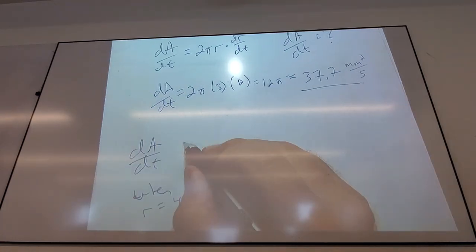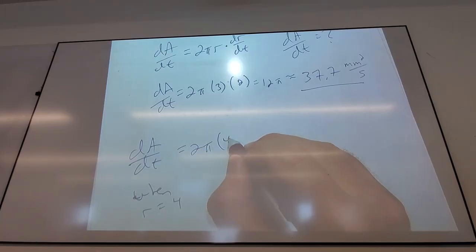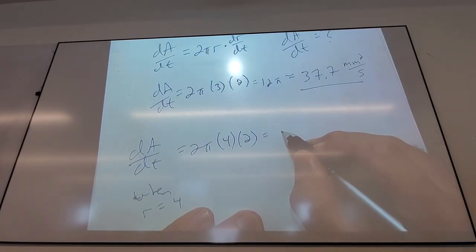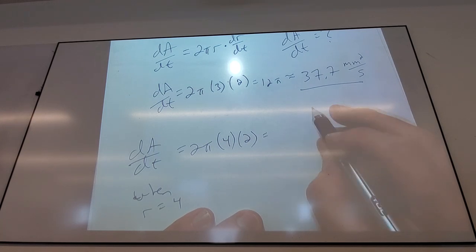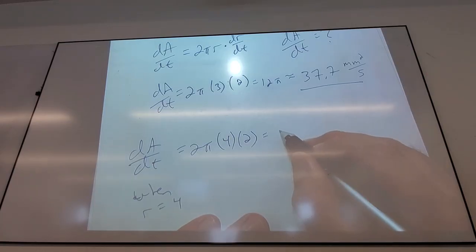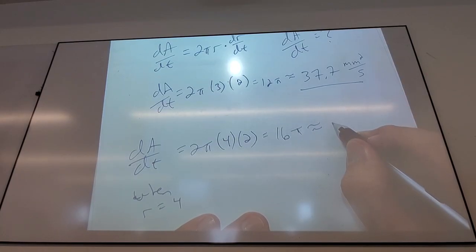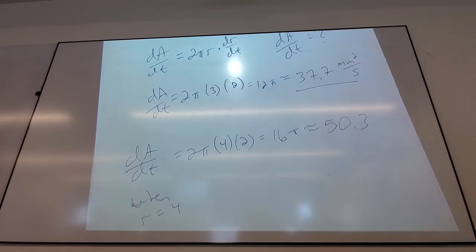If the radius was 4, what do I get? Okay, 16 pi, which is roughly 50.3.